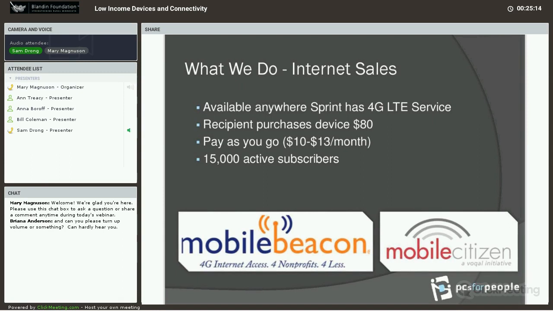And it really is a truly unlimited service. That's really the key piece of this. People are using it at home. Average use tends to be about 50 gigabytes per month, and that's pretty consistent with people's at-home use if they were to use a cable or a DSL connection as well.